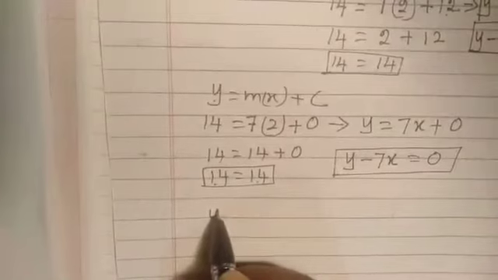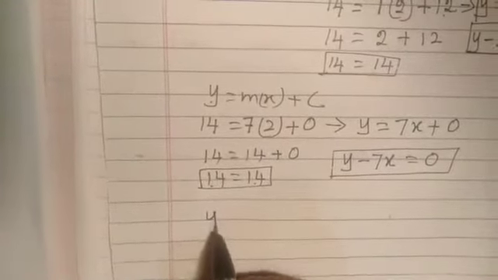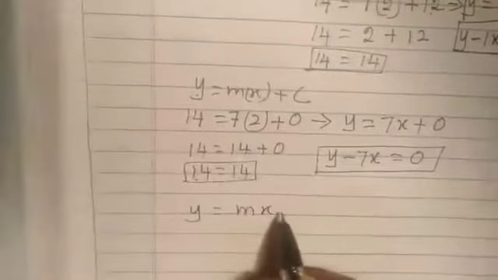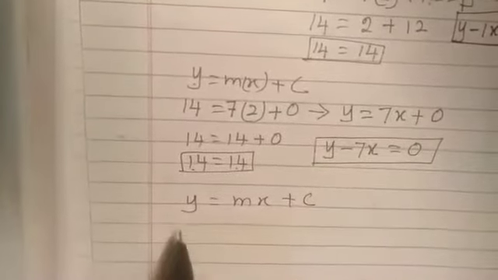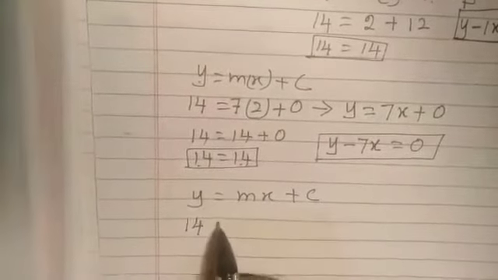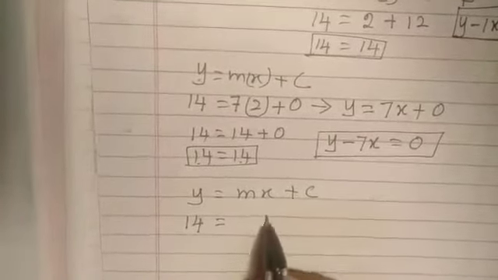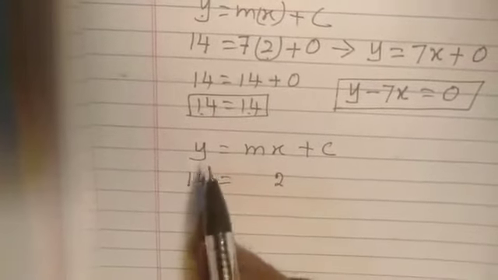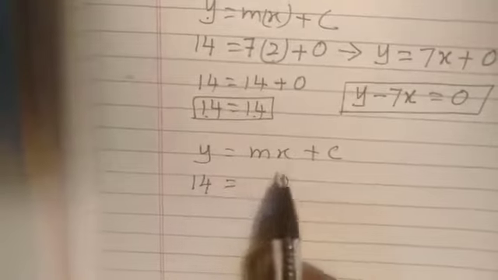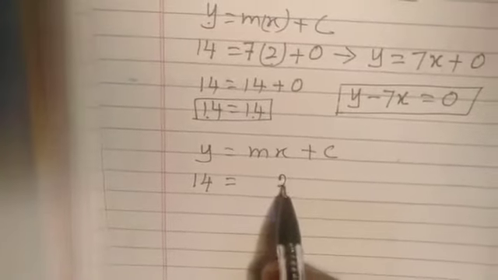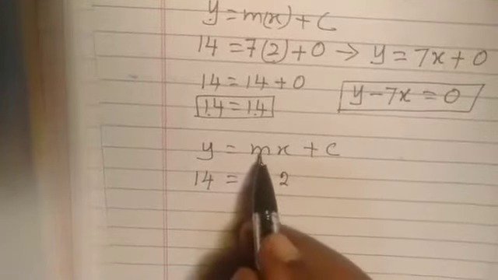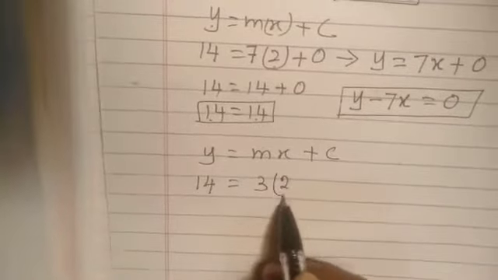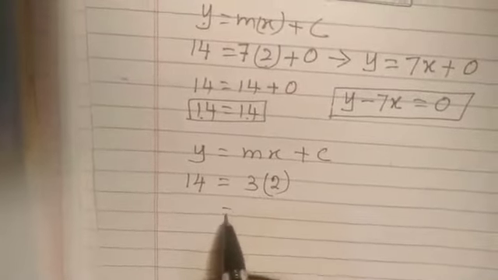In the same way we will now find the third equation. y equal to mx plus c. y we have 14, and 2 is fixed for x. Now I would like to give m value as 3. 3 2s are how much?